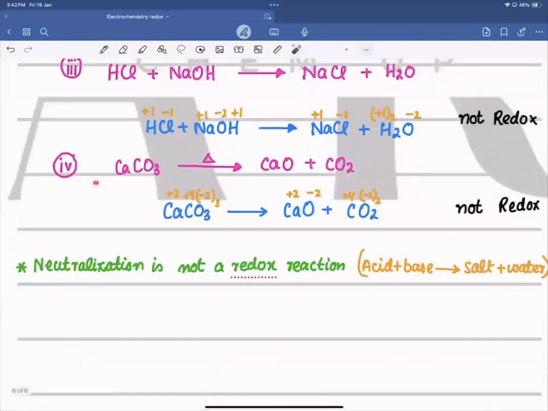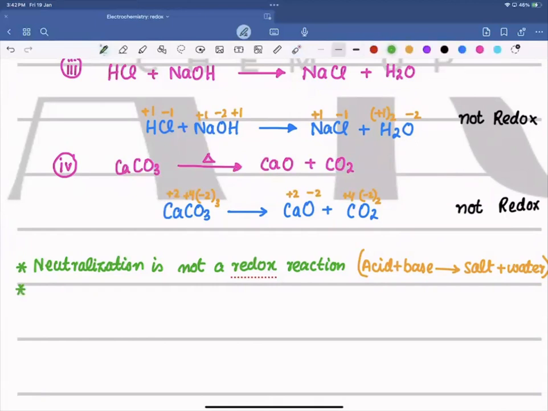Okay, then if we look at this equation, it's a thermal decomposition, because this arrow indicates heat, and on heating it breaks down into a simpler compound. So it's a thermal decomposition of calcium carbonate, and calcium is a metal, so it means metal carbonate.